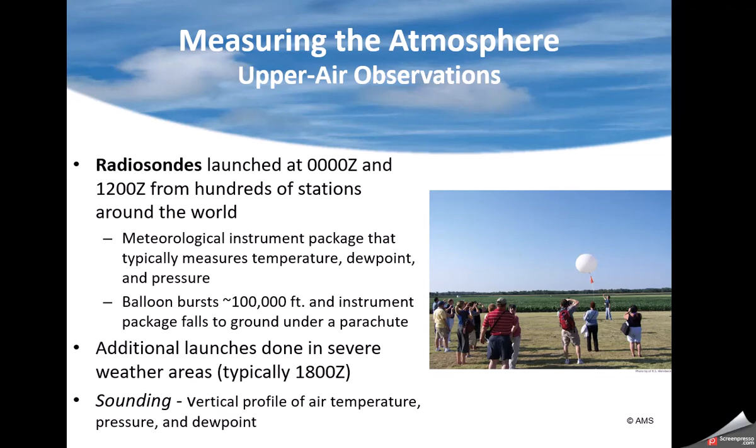The balloon keeps expanding because there's less and less air around it, and eventually breaks. A parachute comes out, and the instrument comes back down. Readings are taken as the instrument is rising, so that literally every minute as it's going up, a dew point, temperature, pressure, and wind direction are calculated. It gives you a vertical profile of all of that.